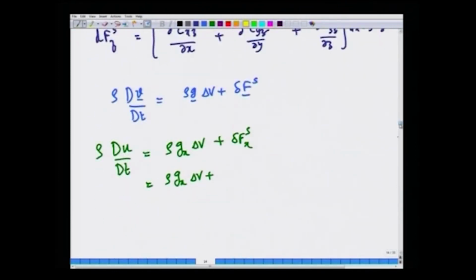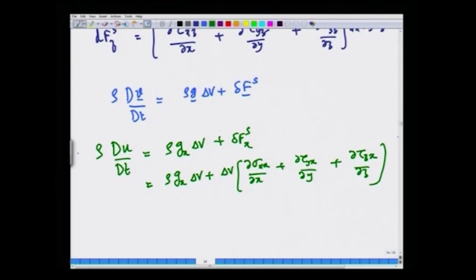So, we simply use that: plus delta V times d sigma_xx by dx plus d tau_yx by dy plus d tau_zx by dz. So, you can see that this is the x component of the differential momentum balance.